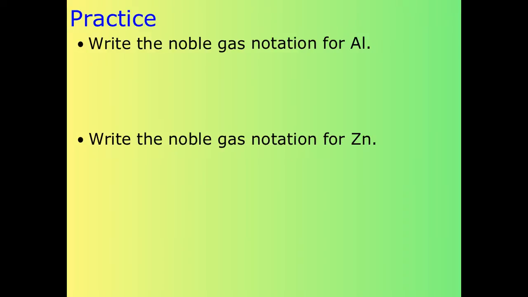So let's practice again. Again, aluminum having 13 electrons. If I look at aluminum, atomic number 13, and count backwards from aluminum, the noble gas I come to is neon. Now neon has 10 electrons. So this neon right here represents a total of 10 electrons in the configuration for aluminum.